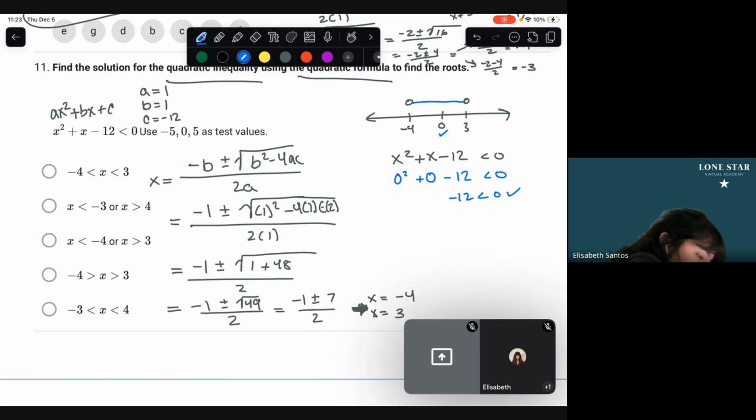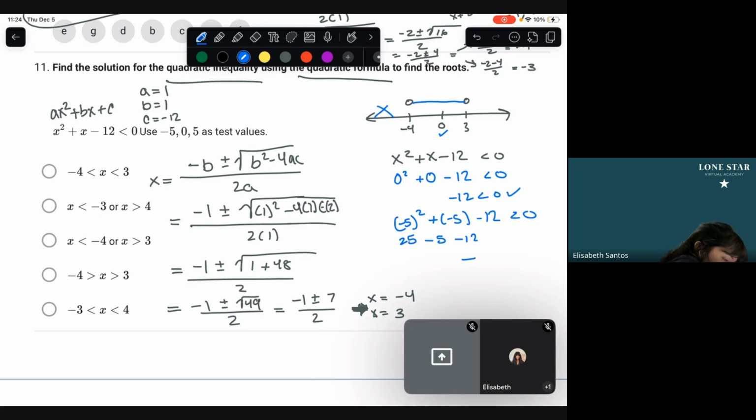Okay, and then just to check, what if I use negative 5 to see any values? Negative 5 squared plus negative 5 minus 12. Is that going to be less than 0? So what would we get? We get 25 minus 5 minus 12, which is a positive number. And are positive numbers less than 0? No. So we know it's not over here.